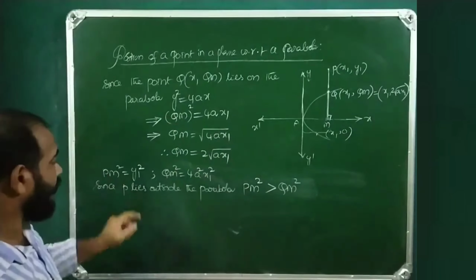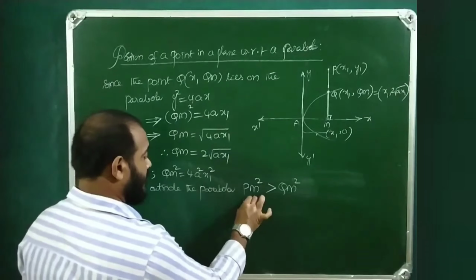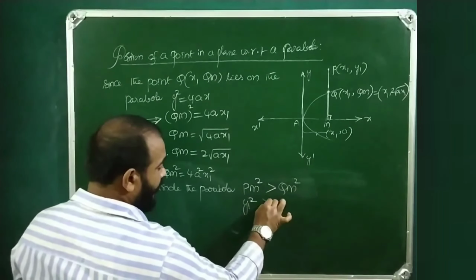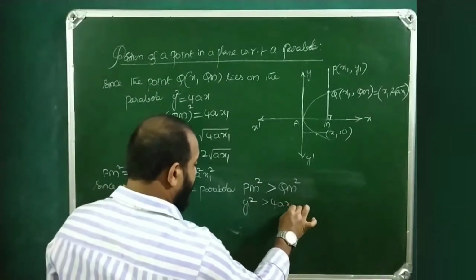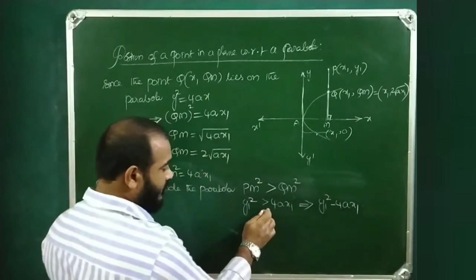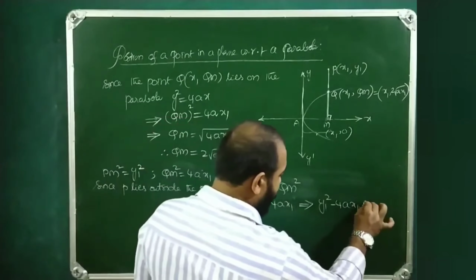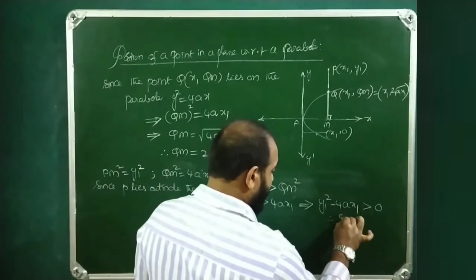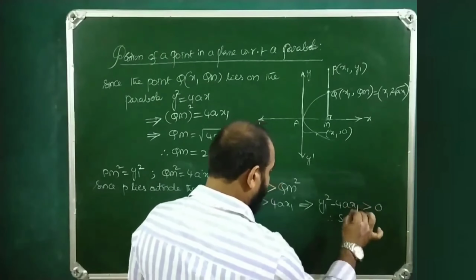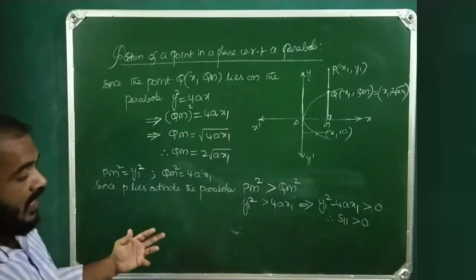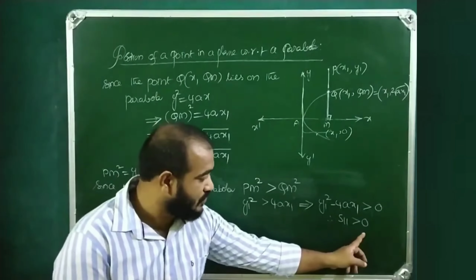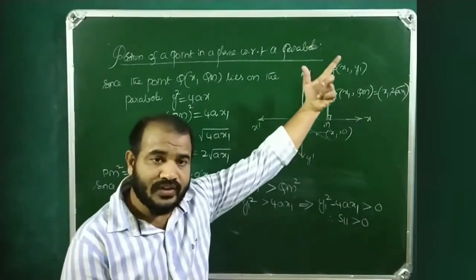PM square is y1 square, which is greater than 4a x1. From this, y1 square minus 4a x1 is greater than 0. Therefore, S11 is greater than 0 when P lies outside the parabola.